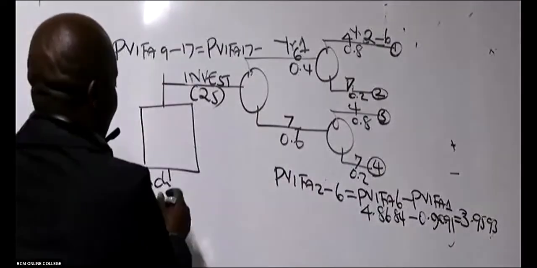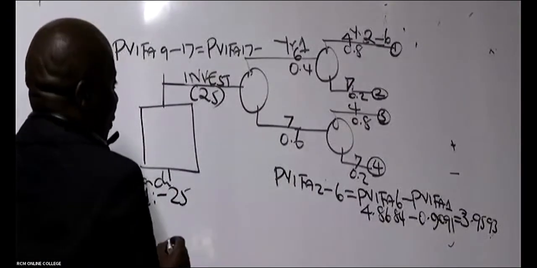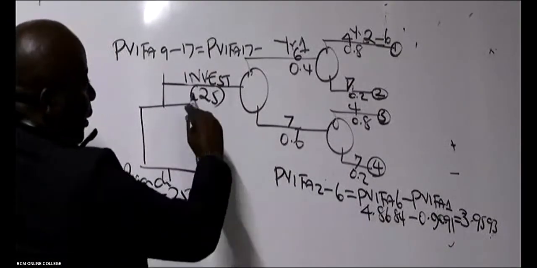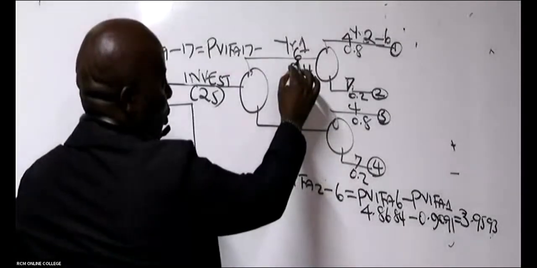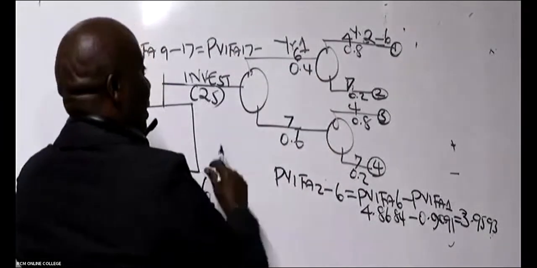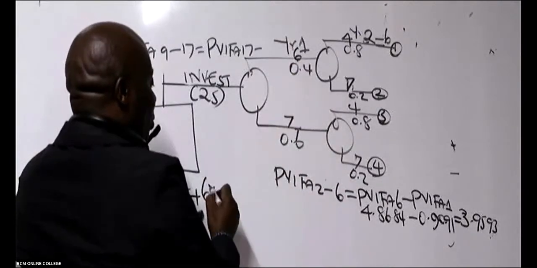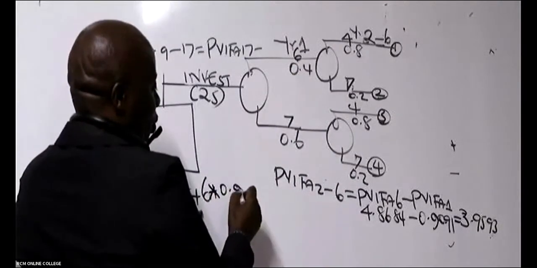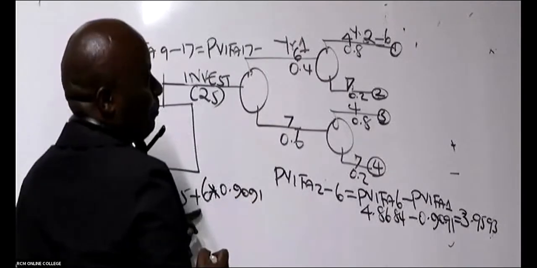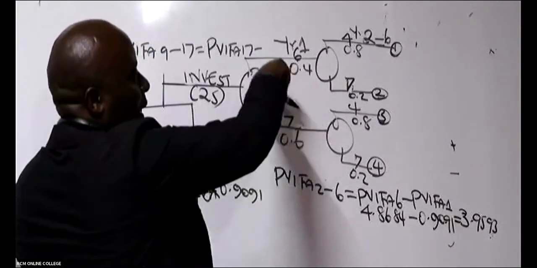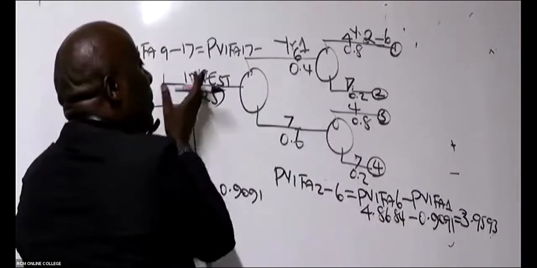So road number 1, I have the initial outlay 25, plus a cash inflow 6, but it's coming at the end of year 1. So I must multiply this with the PV factor, which was 0.9091. Then I continue as a Subaru driver.